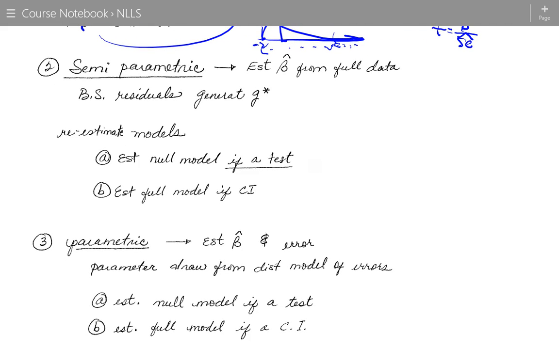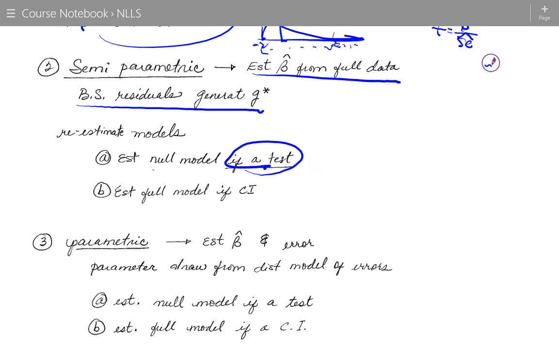Semi-parametric is what I was mentioning above. You estimate the beta from the full data, and then you bootstrap the residuals. And you generate the y values, again, based on the bootstrapped residuals, and then get your estimates, and you redo that. And again, in this case, if you want to test, you can embed the null in your function being estimated.